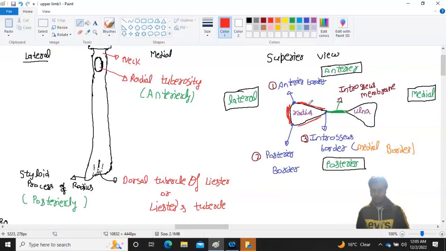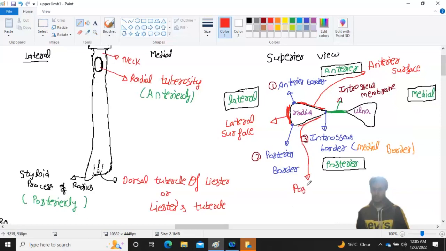So first नेमिंग कर लेते हैं, इधर कर, ठीक है. This is the anterior surface. Surfaces are from red and borders are from blue. Then this is the lateral surface. And this is the posterior surface.